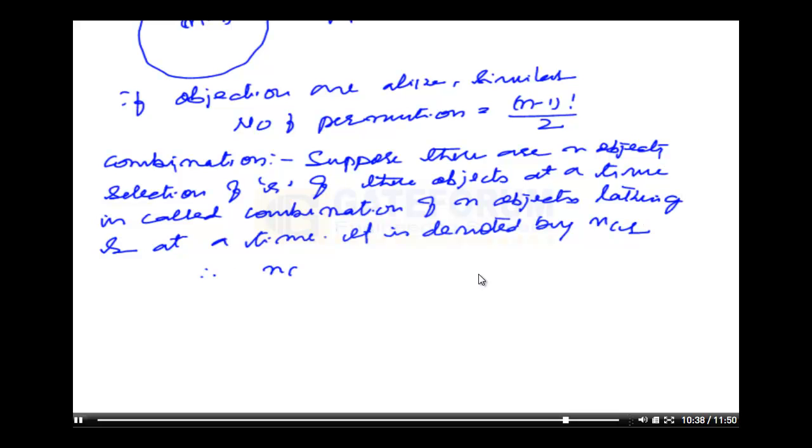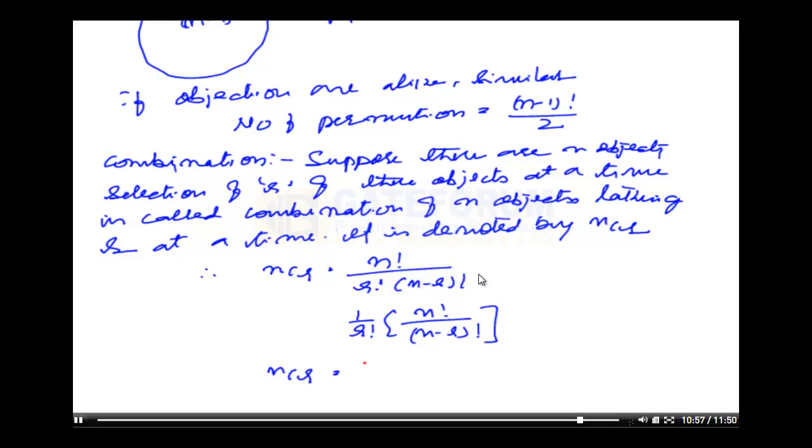Therefore, nCr is equivalent to n factorial by r factorial times n minus r factorial. This can be rewritten as 1 by r factorial times n factorial by n minus r factorial. If you recall the definition of permutation, n factorial by n minus r factorial is nothing but nPr.